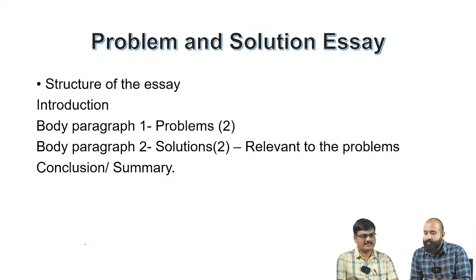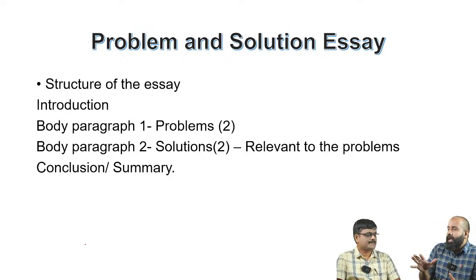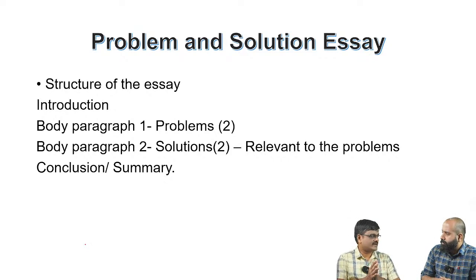Next category, I think the last one. Problem and solution also has a structure similar to causes and solutions. Basically, in the analytical essay section, the entire section has one particular structure. So this has 2 body paragraphs. It's a 4-paragraph essay.